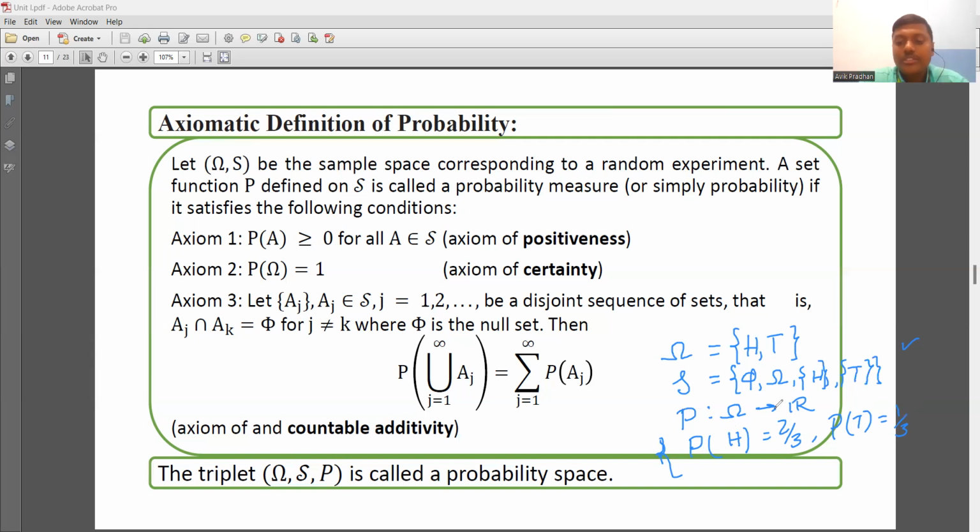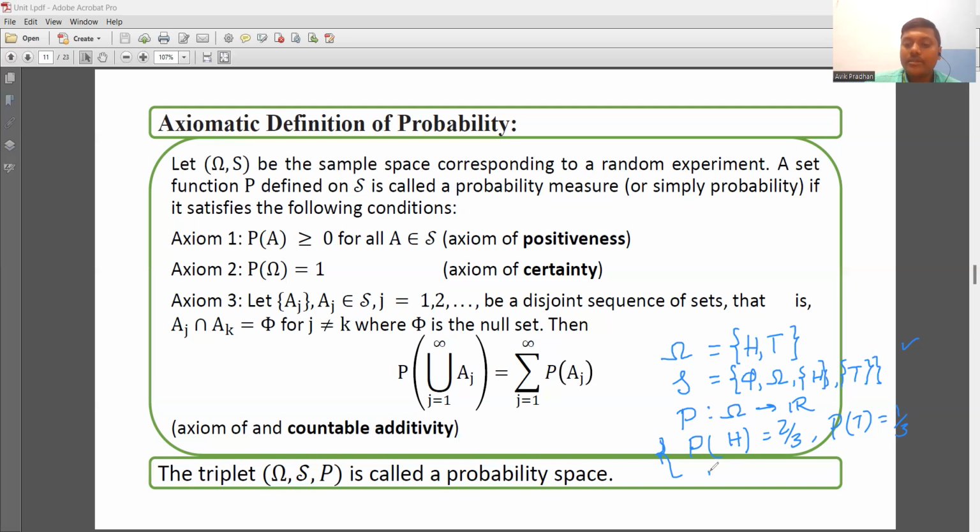That means the question is whether this function can be considered as a probability measure of this experiment. The answer is yes. I can take the probability of H and the probability of T as 2/3 and 1/3 respectively. They are all greater than or equal to 0.